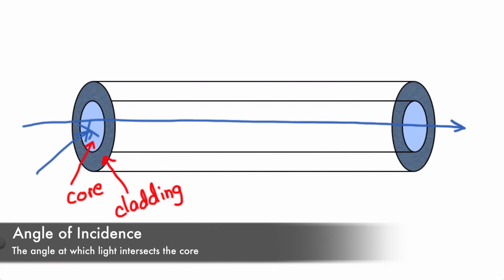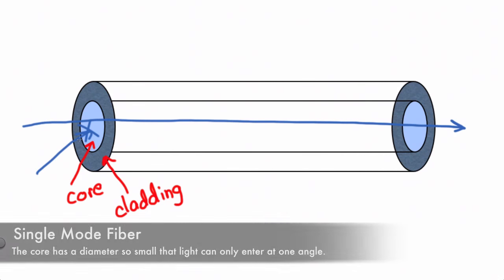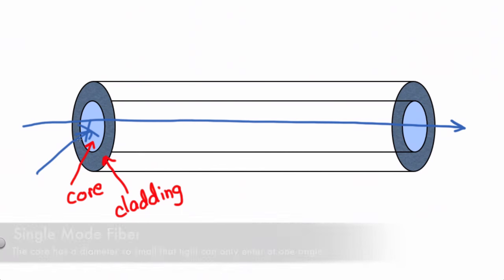Because the diameter is so small, we only have 1 mode, only 1 path that the light can take. That's called single mode. And because single mode eliminates the issue of multi-mode delay distortion, this means that we can achieve much greater distances, maybe 40 kilometers as an example, with single mode fiber as opposed to multi-mode fiber.